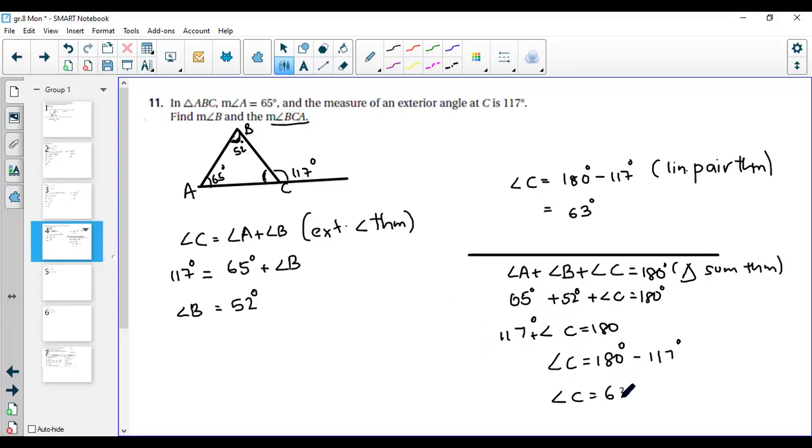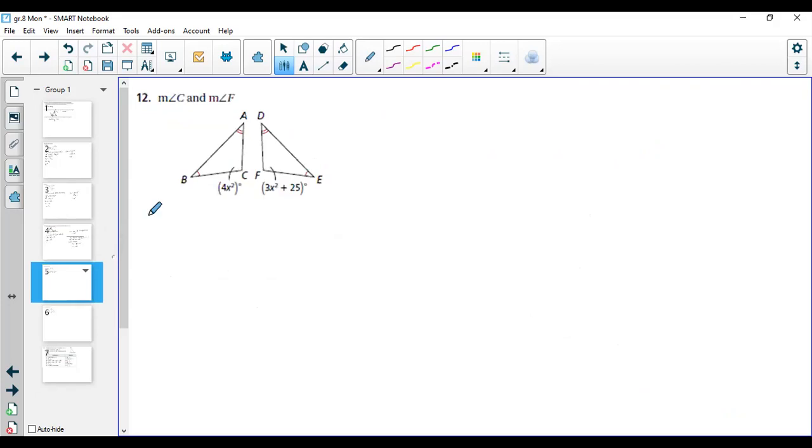Angle C is going to be equal to 63 degrees. It's the same. Now how did this equal 117? The two remote interior angles, if they add up, give the amount of the exterior angle. So you can either subtract from 180 due to the linear pair theorem, or you can do this. Both are right.